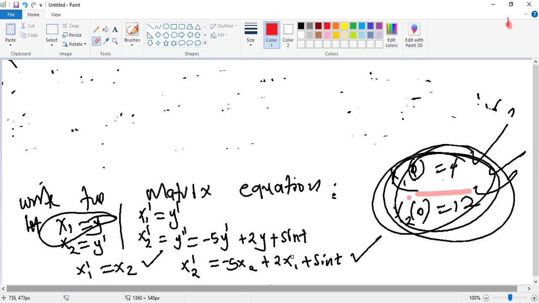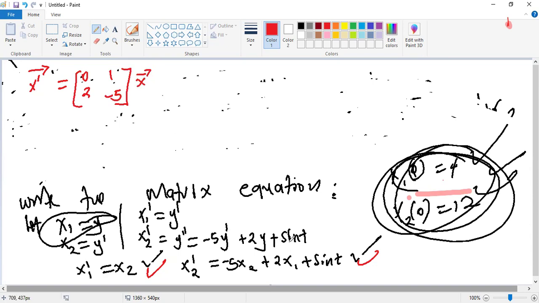Let me just use a different pen. This is the system. So if we come here, these two values, let's have them as x prime bar is equal to, now here x1 is not there, so we'll have the value of 0, then the coefficient for x2 is 1. Then here the coefficient for x1 is 2. The coefficient for x2 is -5. Close that bracket, and then we have our x bar.